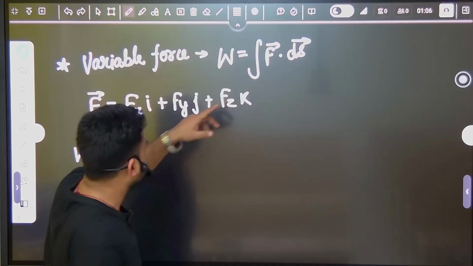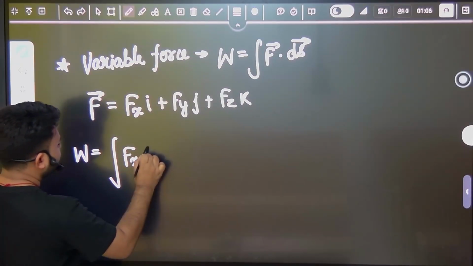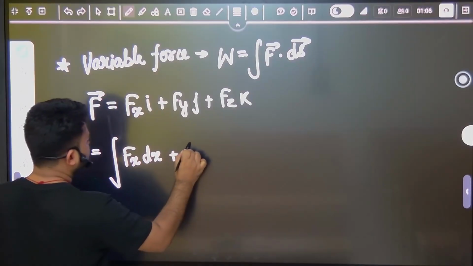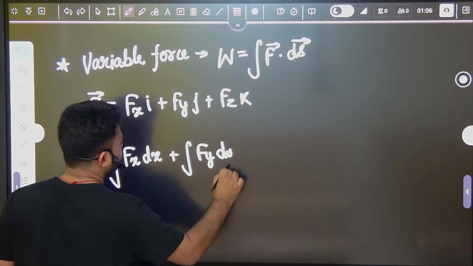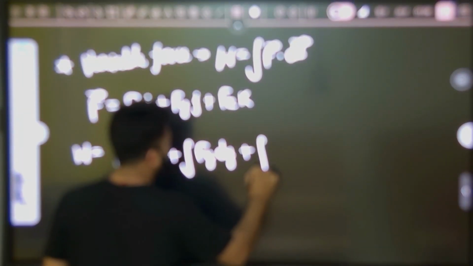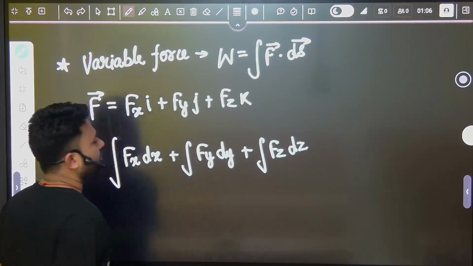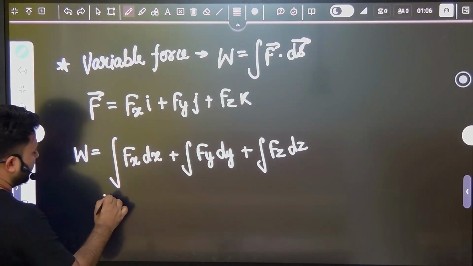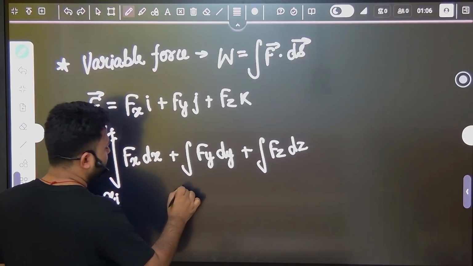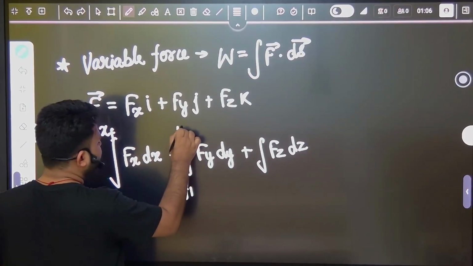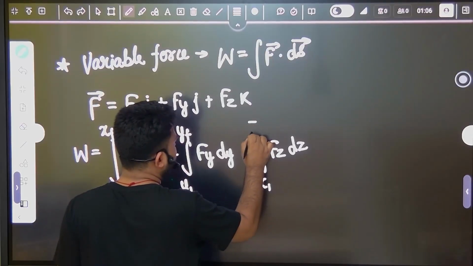So integration of fx dx plus integration of fy dy plus integration of fz dz, from x initial to x final, from y initial to y final, from z initial to z final.